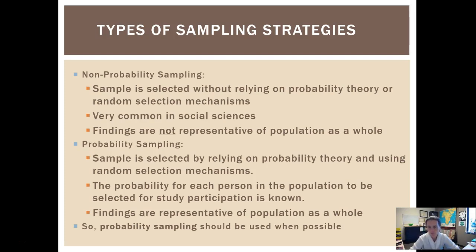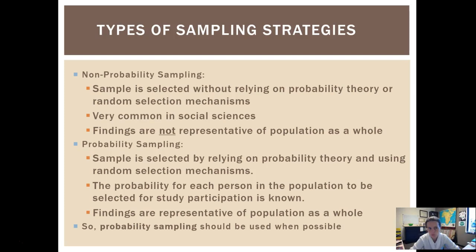Non-probability sampling means that you are going to select your sample without relying on probability theory or random selection mechanisms. This approach is definitely less resource intensive than probability sampling, and it is very commonly used in the social sciences. So there are many journal articles that are published. In fact, probably the majority of journal articles that are published do not use probability sampling.